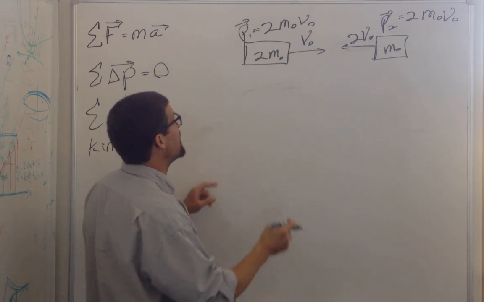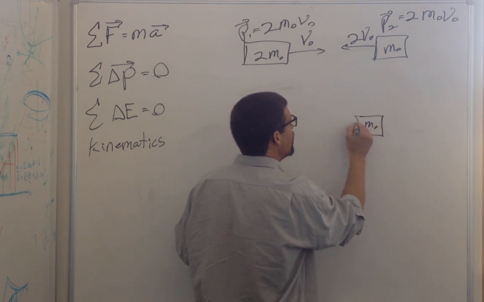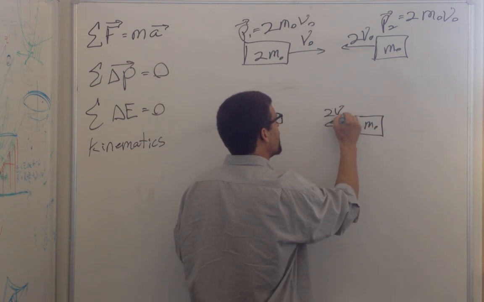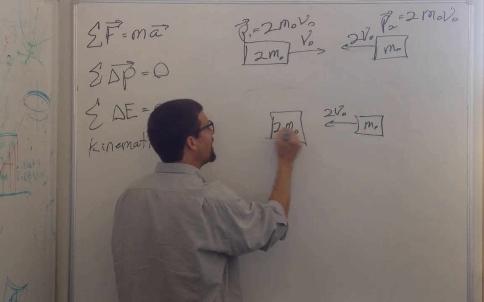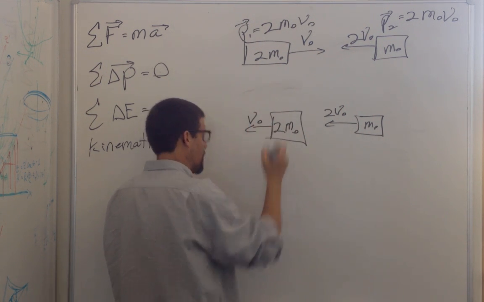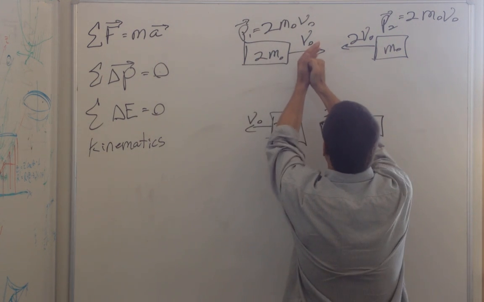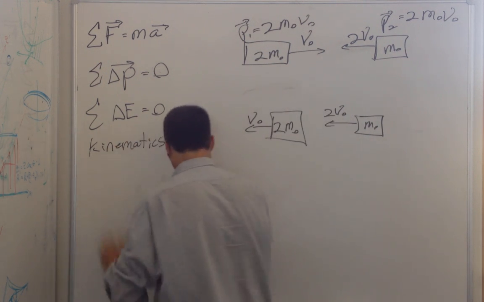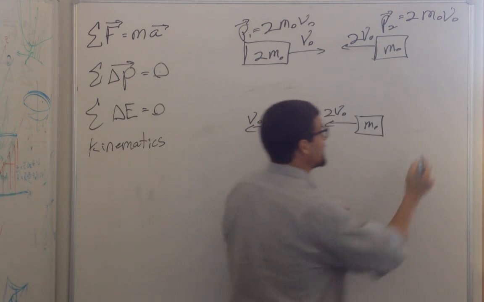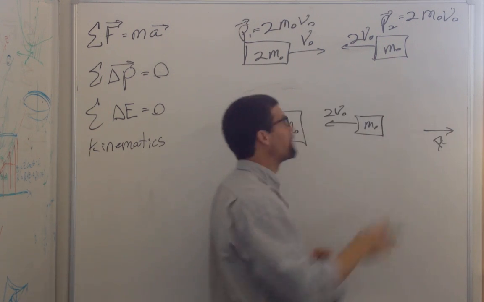How different would that be from us saying this mass of m0 moving at 2v0 collides with and sticks to this mass of 2m0 moving at v0? Where one is you have this going on, and here you would have this going on. So we pick an axis. We could say this is the positive x direction.